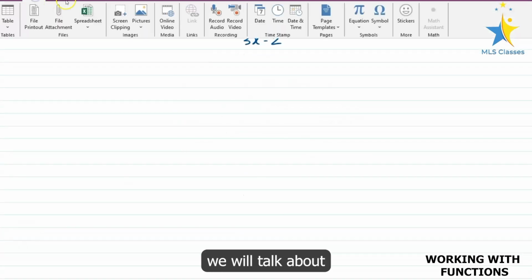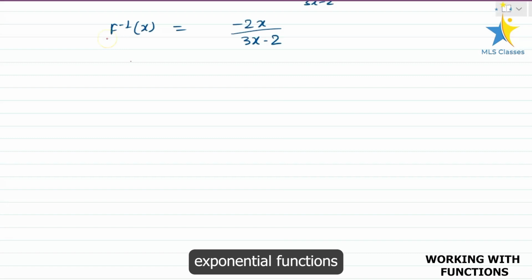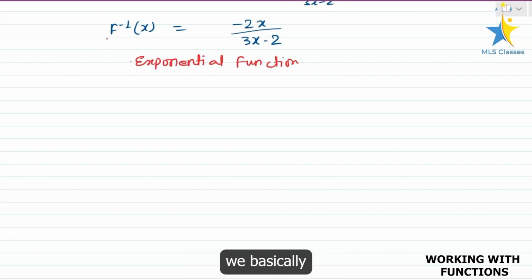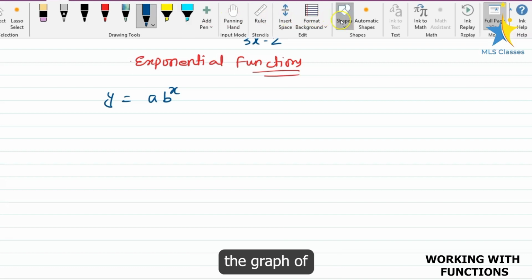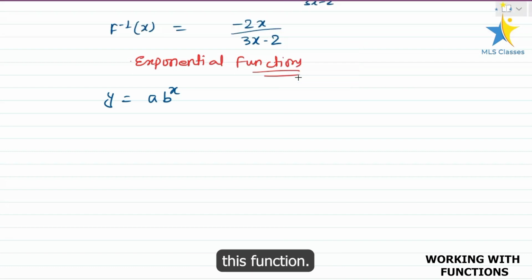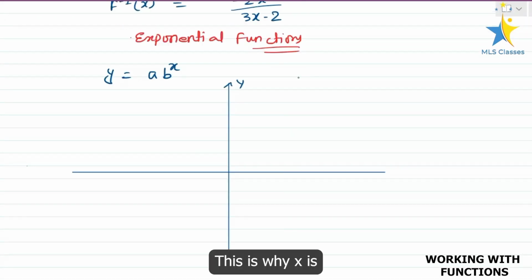Then we will talk about exponential functions. An exponential function is given by y equal to a times b to the power x, or we can simply write a to the power x. How it is graphed: this is the y-axis, this is the x-axis.